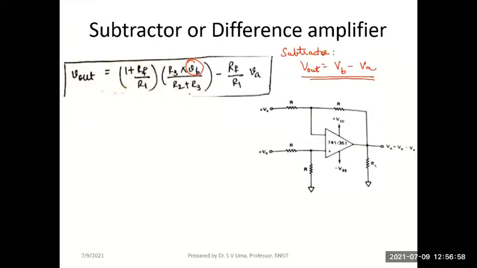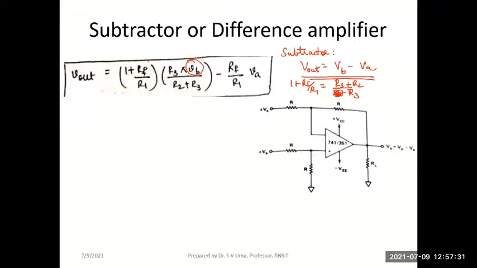I have to make this ratio simple. 1 plus Rf by R1 should be made equal to R2 plus R3 by R3, or it should be the reverse, should be same as this.